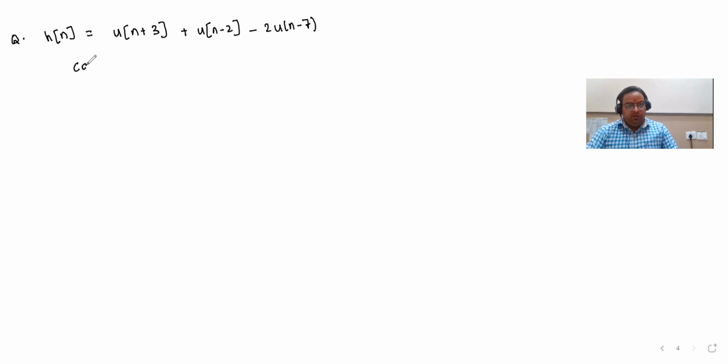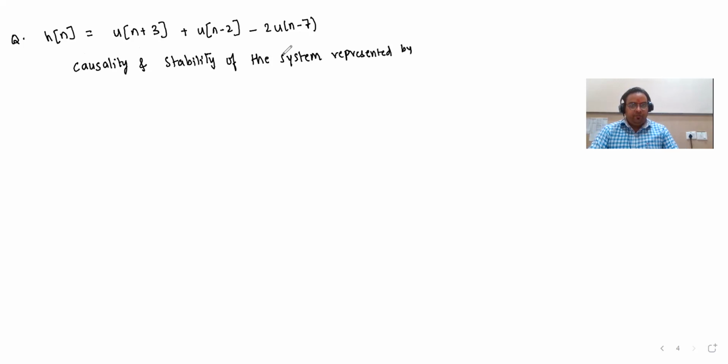We have to basically comment on the causality and stability of the system represented by h of n.